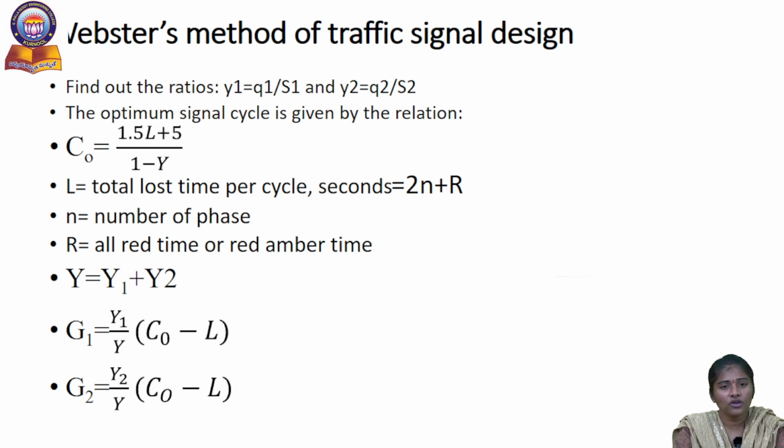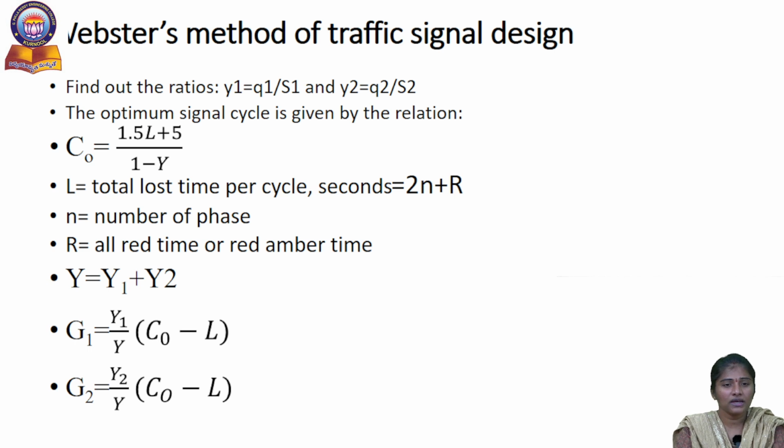In order to find out the optimum signal cycle, Webster has given the relation for optimum cycle time: C0 is equal to (1.5 L plus 5) divided by (1 minus Y). Here C0 is the optimum cycle time. L is the lost time per cycle in seconds, which is equal to 2n plus R. N is the number of phases, R is the all red time or red amber time.